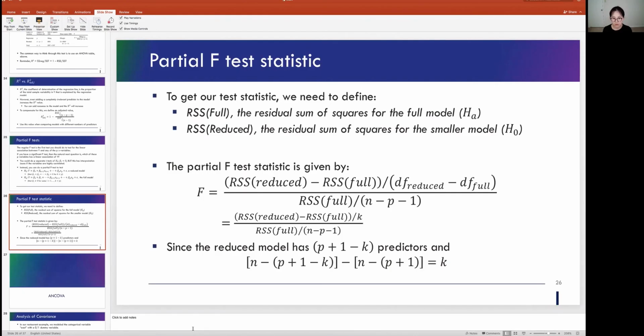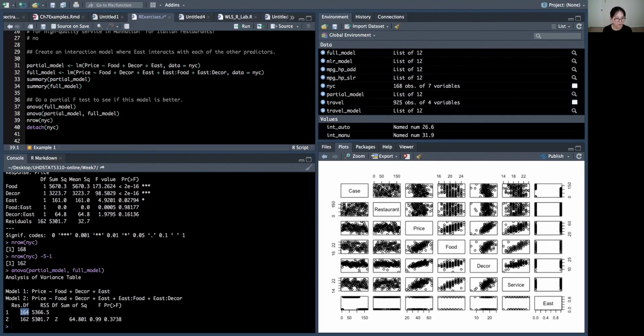That gives 164. The difference of these two is just these 2 terms, so the difference is k. k equals 2 here, because we removed 2 terms in the reduced model.